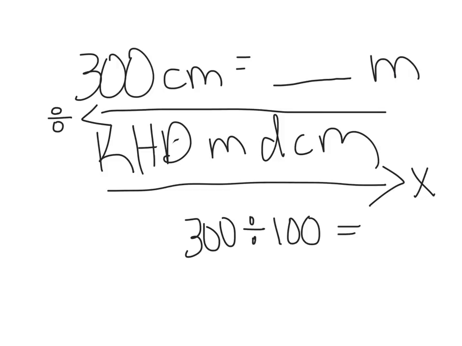So now I have to decide how my decimal is going to move. Where was it before? It was right here, and we're getting smaller because I'm dividing, so I go 1, 2, and my answer is going to have the decimal there. I wouldn't even need to put these in there. So I would get an answer of 3 meters. We'll practice a little more when you get to the table.